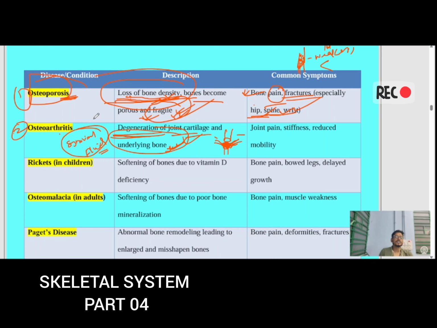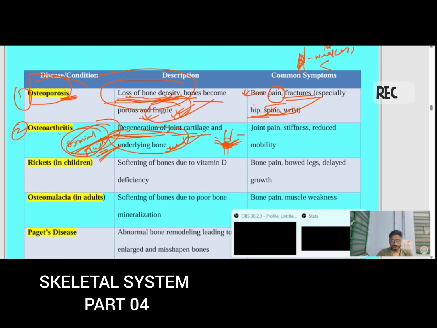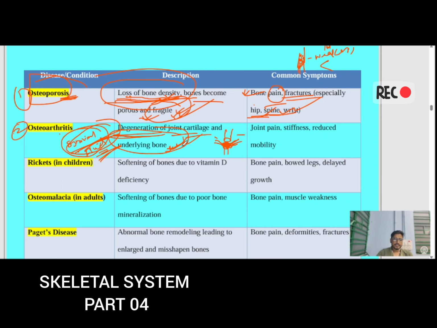Synovial fluid is produced by exercise and by a standard diet. Without standard diet and exercise, synovial fluid will not be produced. So in case of degeneration, osteoarthritis will occur. And if osteoarthritis occurs, the person gets joint pain, stiffness and reduced mobility.